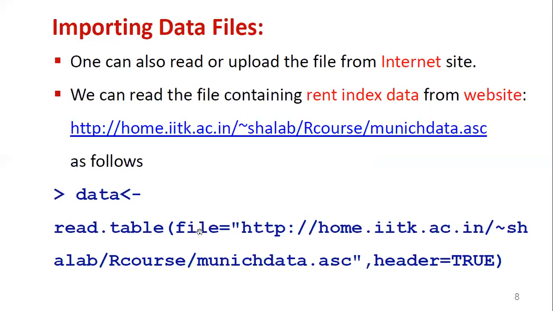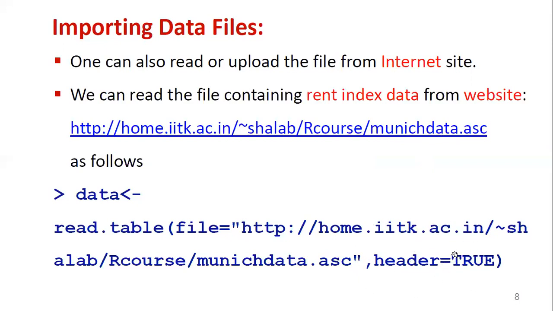Within parentheses, file equal to, you specify the location. The URL address you can paste here directly, within double quotes, http colon, the URL address, till munichdata.asc. Close the quotations, comma, then you can set header equal to TRUE. That means headings.